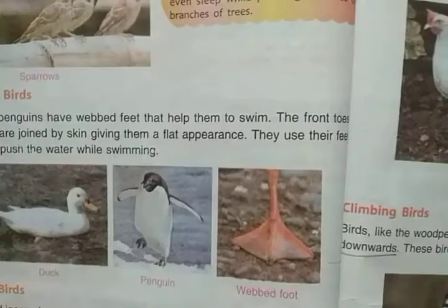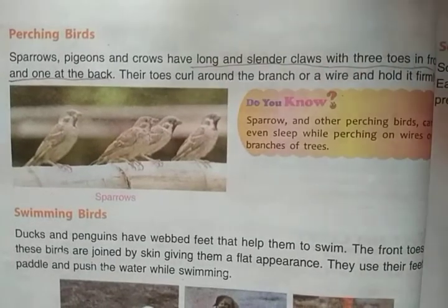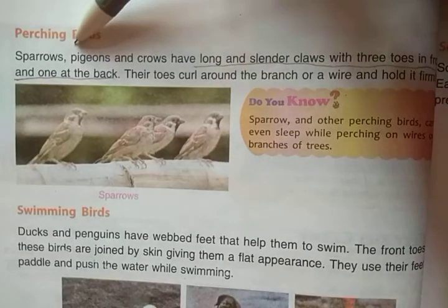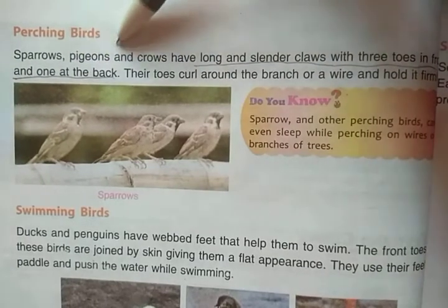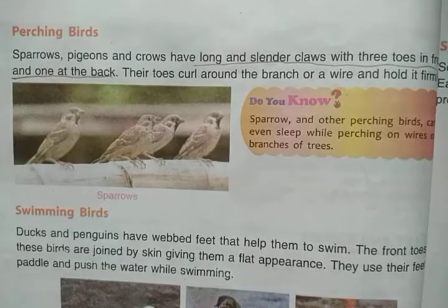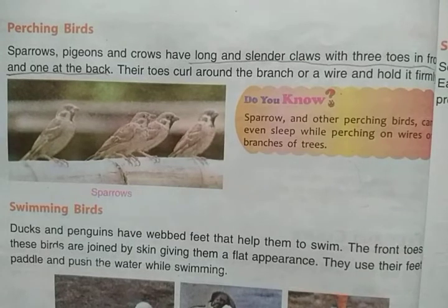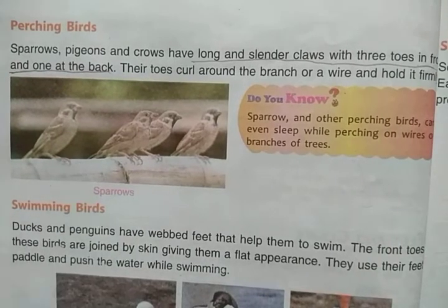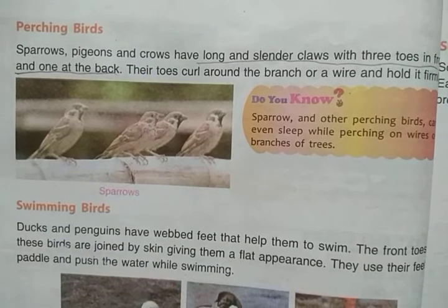Next is your perching birds. Examples of birds having these types of claws are sparrows, pigeons and crows. Crows have long and slender claws with 3 toes in front and 1 at the back. आपको ये सारे types के जो claws हैं, उनकी shapes और कैसे होते हैं वो पता होना चाहिए.